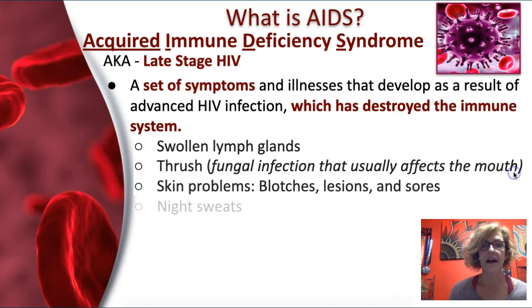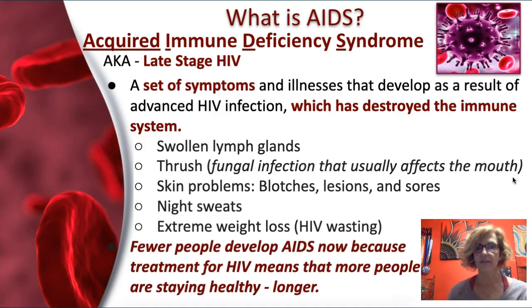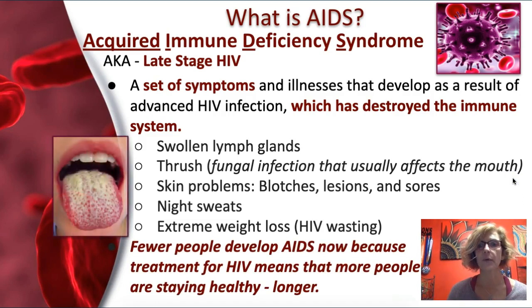So commonly you'll get things like thrush, which is a fungal infection of the tongue, and I have a graphic of that here. Skin problems, blotches, lesions, and sores are common. Kaposi sarcoma is a skin cancer that is identifying of AIDS, I believe. Extreme weight loss, so this is called HIV wasting.